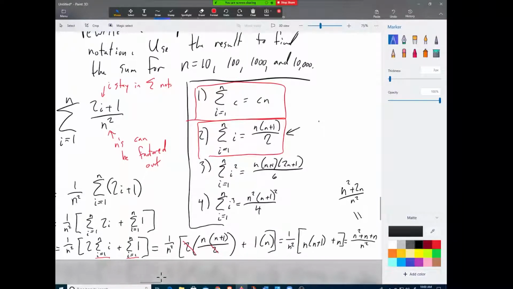I'm going to be creative about my equal signs for a moment. And I'm going to leave it to you to plug in the numbers and find what that equals.